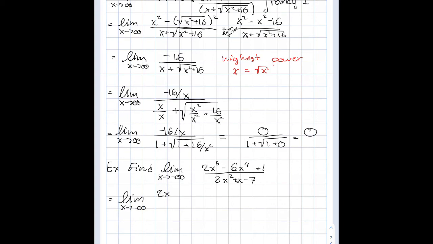So we'll get 2x cubed, divided by x squared, excuse me. Minus 6x to the fourth over x squared plus 1 over x squared.